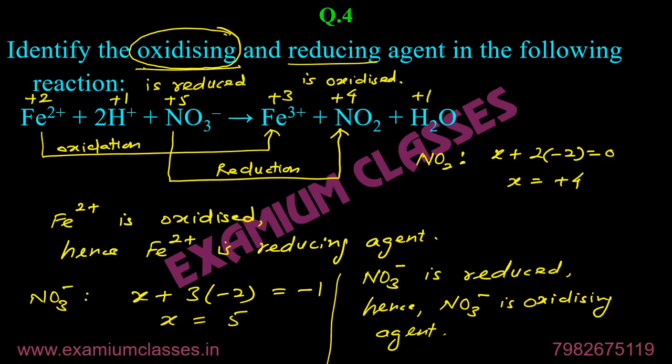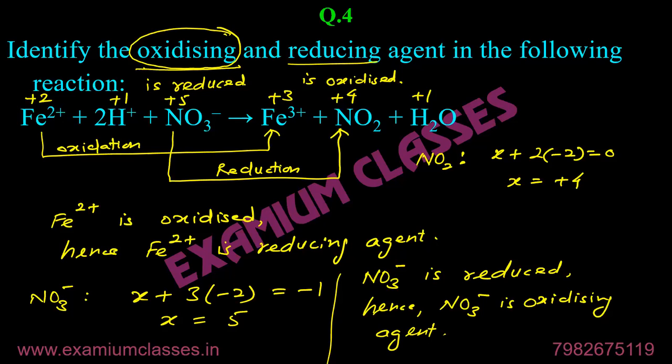That is the answer. We will say NO3 minus is reduced, hence it is oxidizing agent. Rather, don't even write NO3 is reduced; that is something I have written to make you understand. You can just write NO3 minus nitrate ion is oxidizing agent.